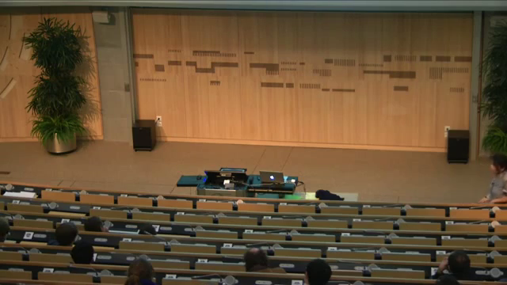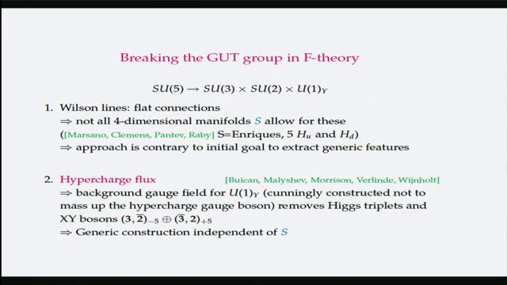In string theory, apart from the standard field theoretic way of breaking the GUT group, there are a couple of mechanisms. One is Wilson lines, so flat bundles. It's very popular, in particular, in the heterotic context. Indeed, Marsano, Clemens, Pantev and Ravi looked at this.